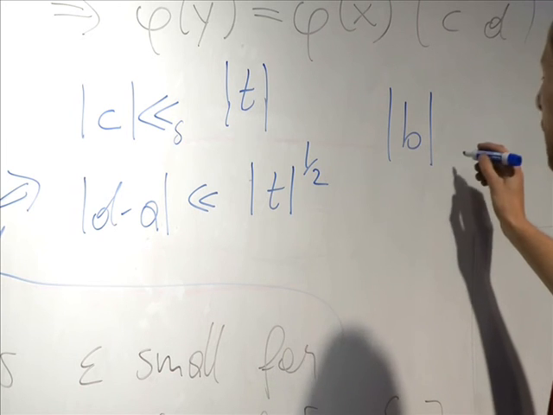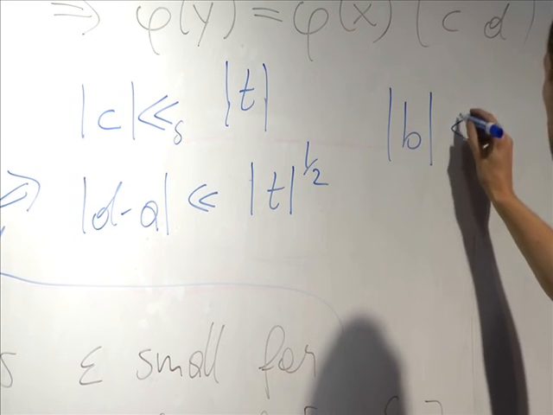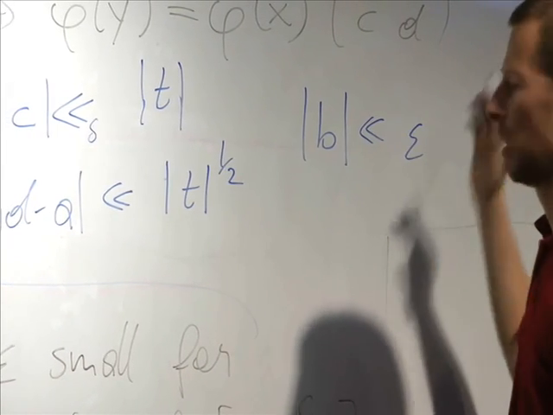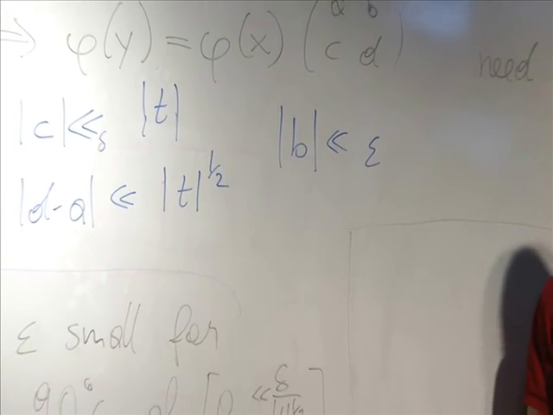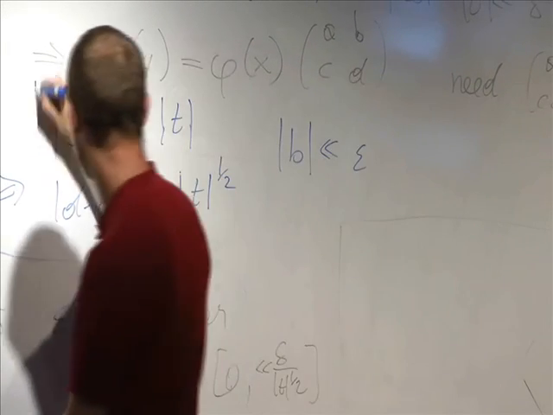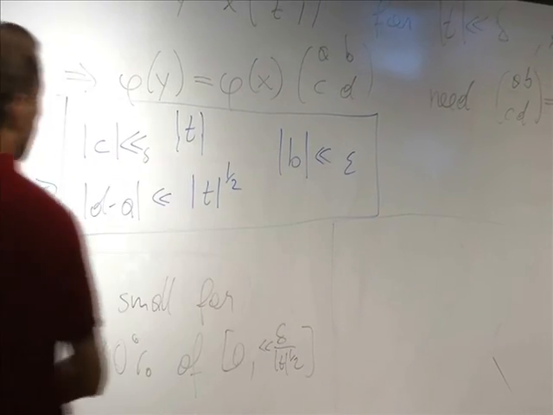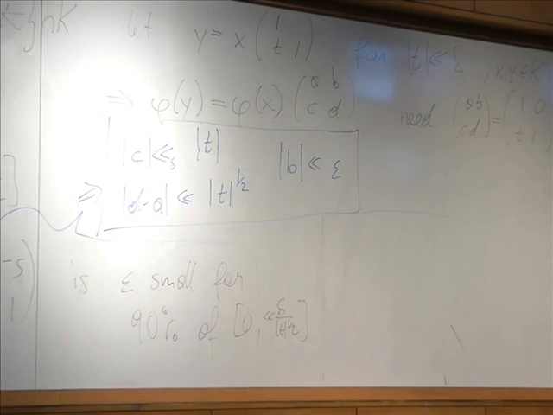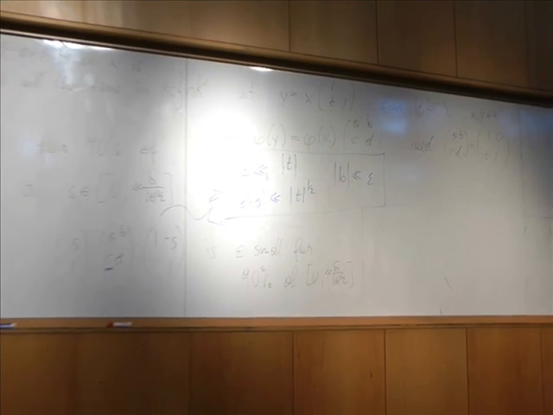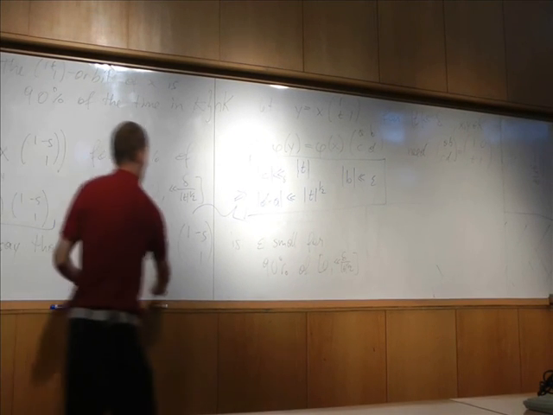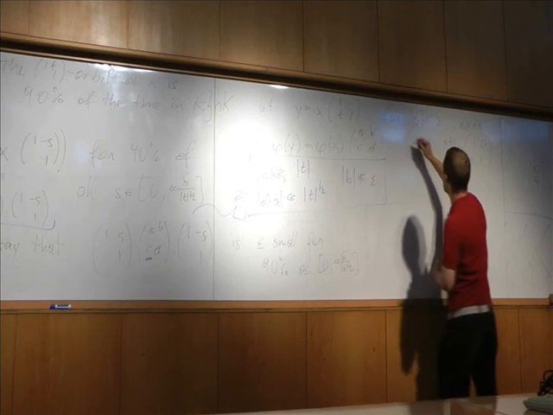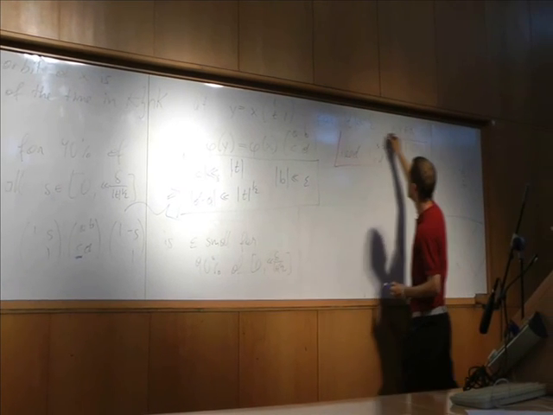The b, well, it's less than epsilon. So I get these three inequalities that look rather annoyingly weak. Because what I want is this.